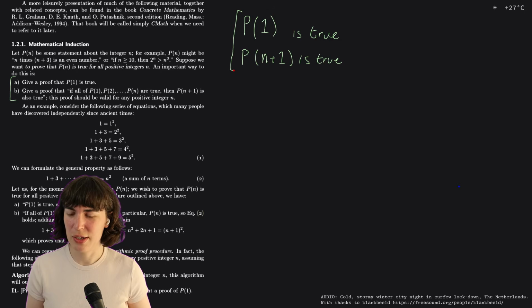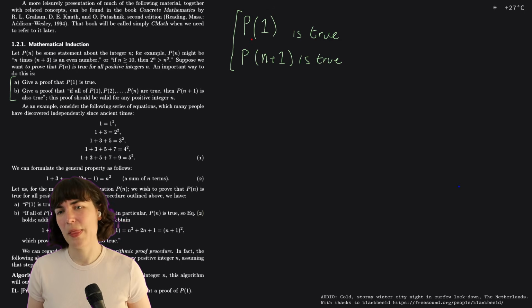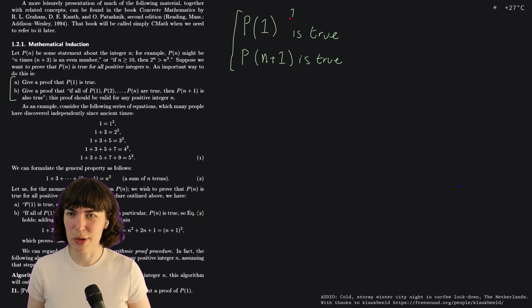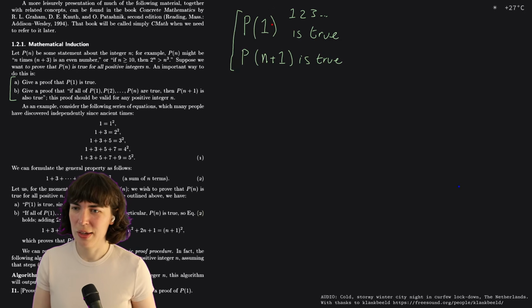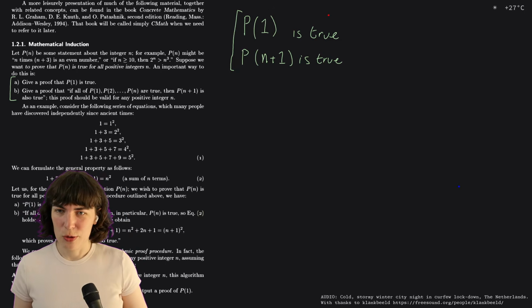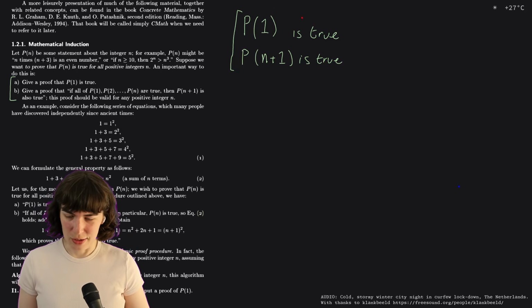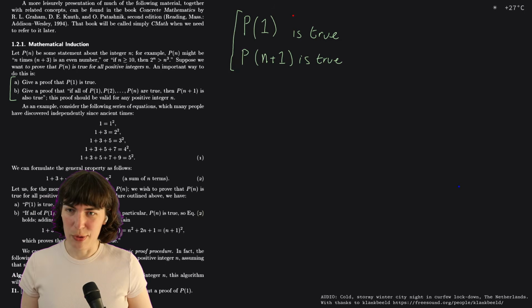Firstly, of course, it needs to work. This only works for positive integers. This particular incarnation, anyway, only works for 1, 2, 3, etc. So that's important to know. Of course, quite useful for computer programming because we're often just dealing with things like that.